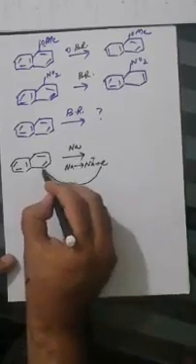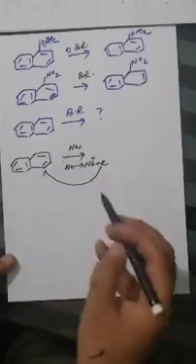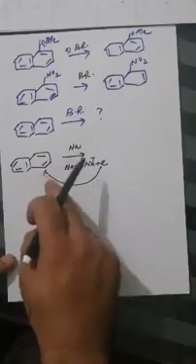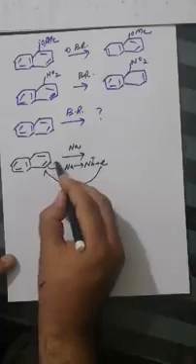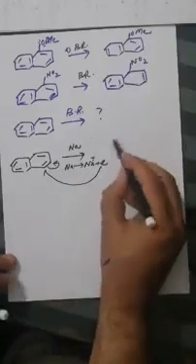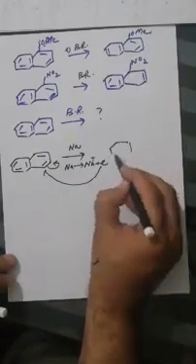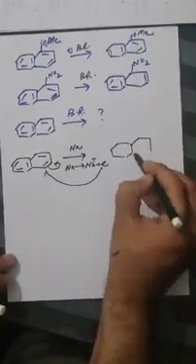The electron will attack here. Now you will have to draw the resonating structures of this radical anion, the naphthalene radical anion.